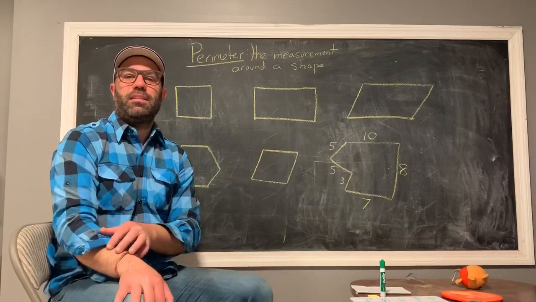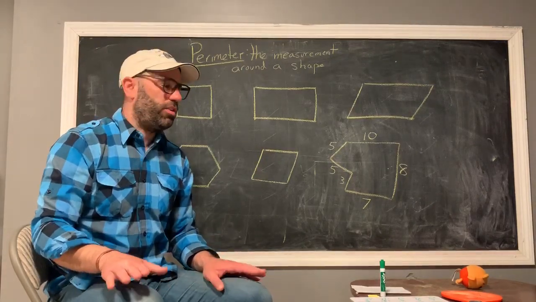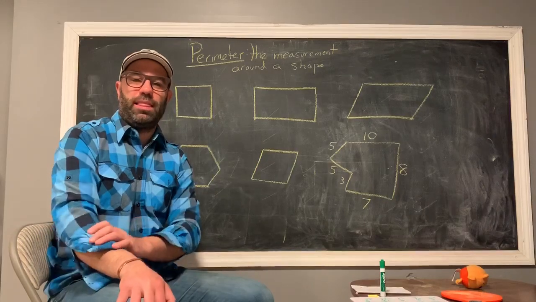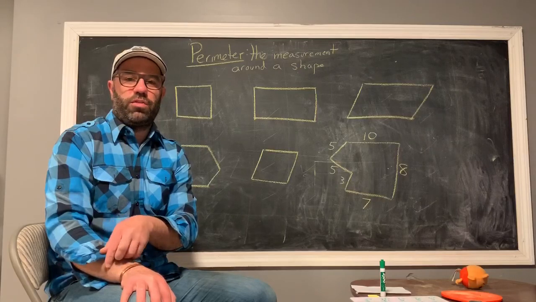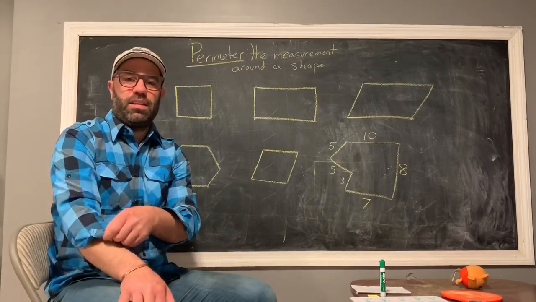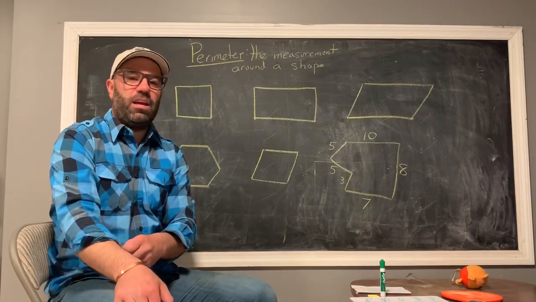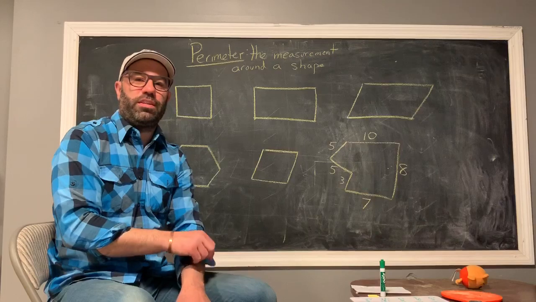Let's go 10s. 10, 20, 30, 40, 50, 60, 70, 80, 90, 100, 110, 120. Let's go 11s. 11, 22, 33, 44, 55, 66, 77, 88, 99, 110, 121, 132.